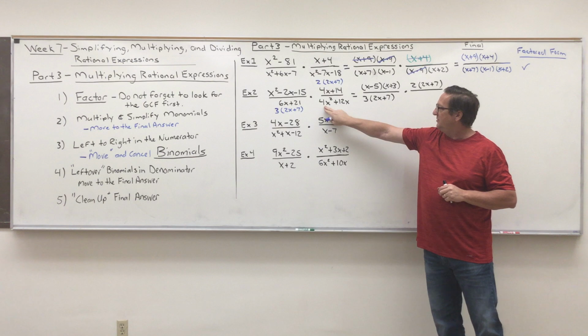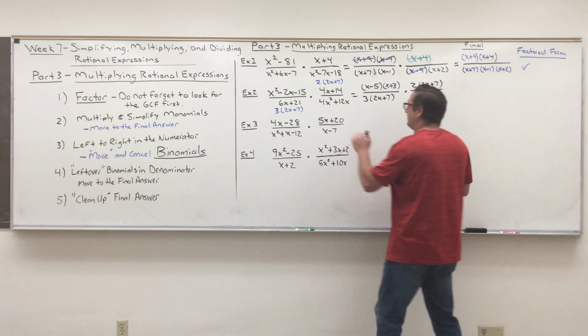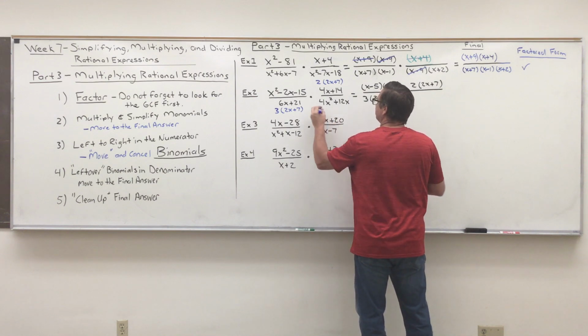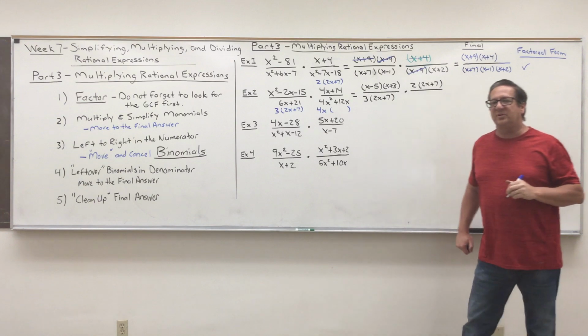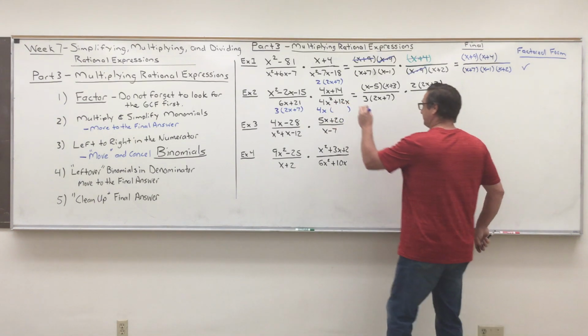I come over here. 4x squared plus 12x. Now, don't make this mistake. A lot of you maybe are going to pull out a 4. But remember, they also have an x in common.